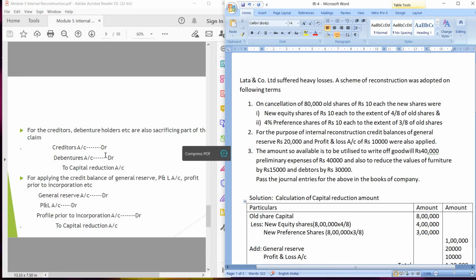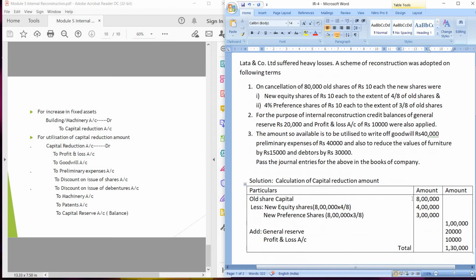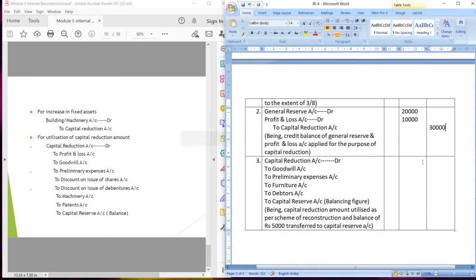So now we have to pass this last entry, that is for utilization of capital reduction amount. So how much is the capital reduction amount with us? 1,30,000 we have already calculated. So using this we have to write off goodwill, preliminary expenses, furniture and debtors. So let us pass the entry. Capital reduction account debit, amount is 1,30,000.